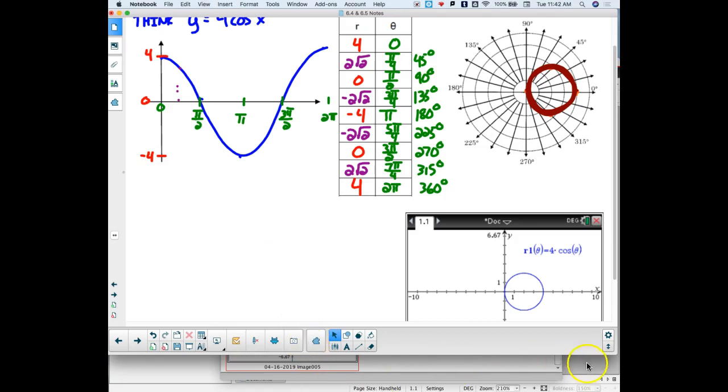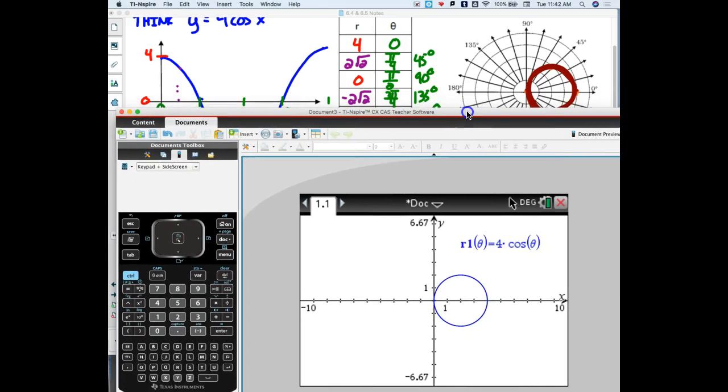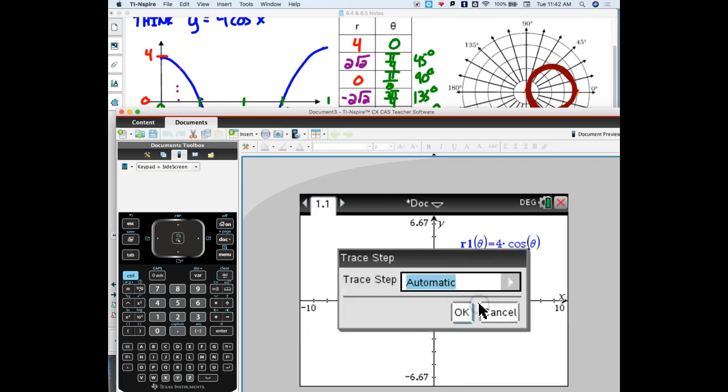Now, what I'd like to show you is how to fill in this chart using the trace function. Okay? So we're going to go menu, trace, but I'm going to set my trace step. I want my trace step to be 45 degrees.